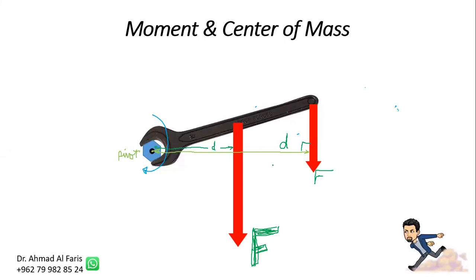That the moment depends on two factors: the force, and the perpendicular distance, at 90 degrees to the force. Is it easier to use a longer spanner or a shorter spanner to make this rotation? Yes, longer. Thank you.